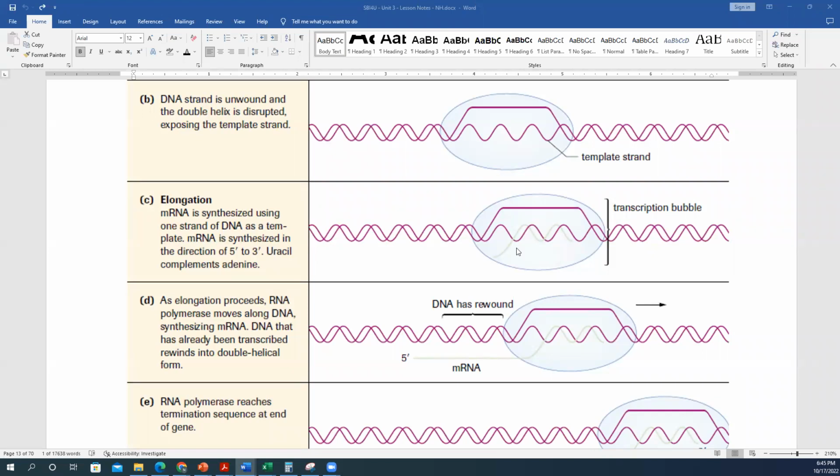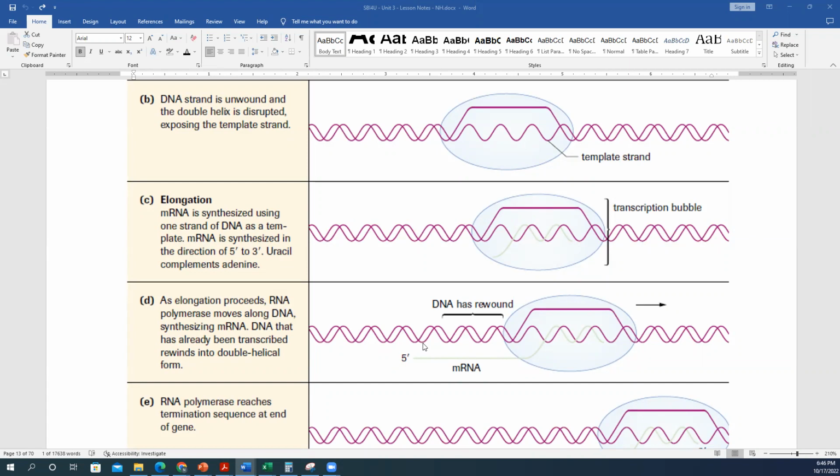And this mRNA is synthesized in the direction of 5' to 3', and in the mRNA, it is the uracil that replaces the T's. So anytime there's an A, it is complemented by a uracil. So in the mRNA strand, you won't find any T's, you won't find any thymine. Instead, you will find uracil.